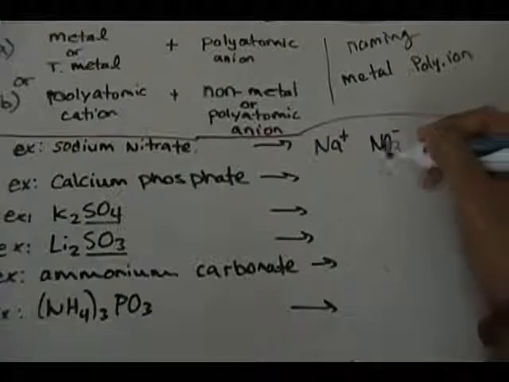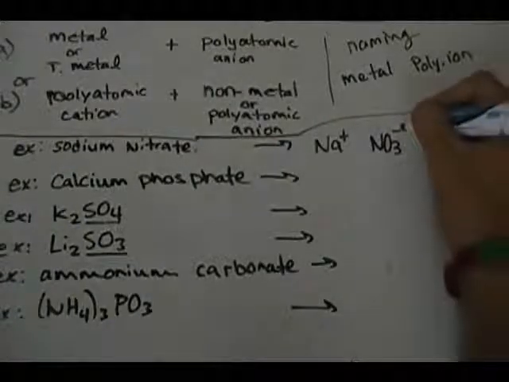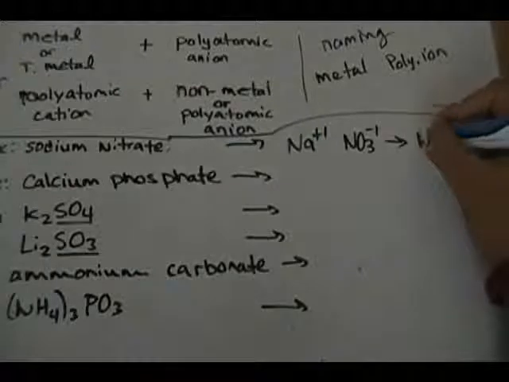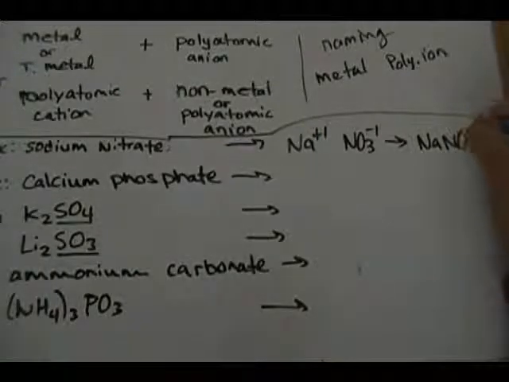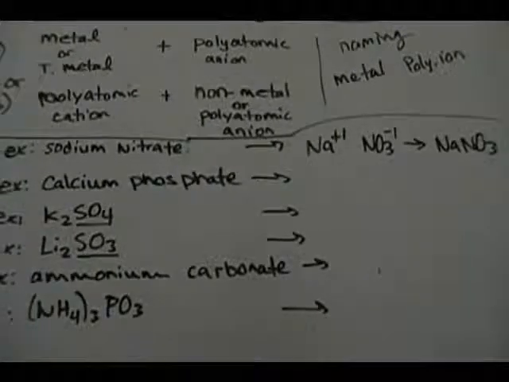So in this case, nitrate is NO3 minus, 3 oxygens with an overall negative 1 charge. So we need to balance the charges. In this case, it's already balanced, so we just write it out as sodium nitrate. There you have it. Nice and simple, okay? No need to make these things complicated.